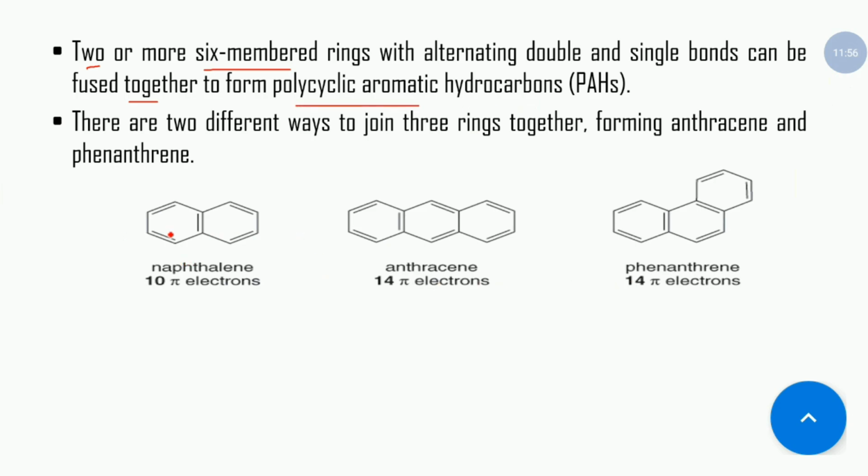So here is your example of polycyclic aromatic hydrocarbons. All of these are polycyclic aromatic hydrocarbons. There are two different ways to join 3 rings together, forming anthracene and phenanthrene.